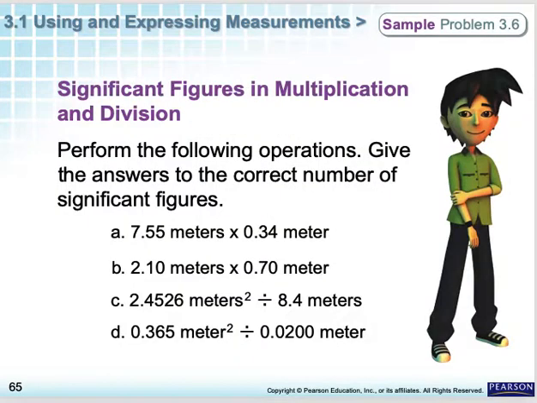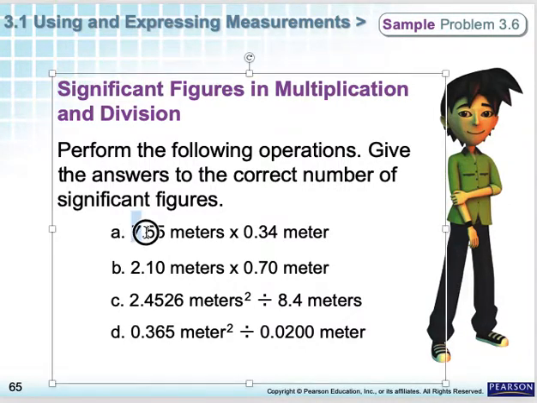So if I were to multiply these two numbers, this one has 3 significant figures, this one has 2 significant figures. So my answer here would only have 2 significant figures. Again, we have 3 here because that final 0 is significant. Leading zeros are not significant, final are.